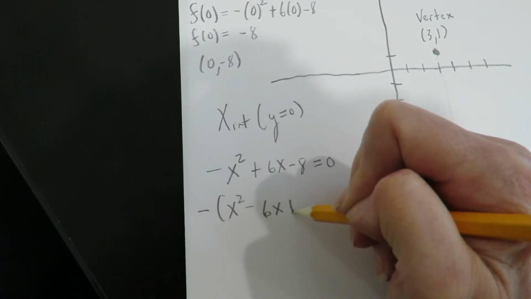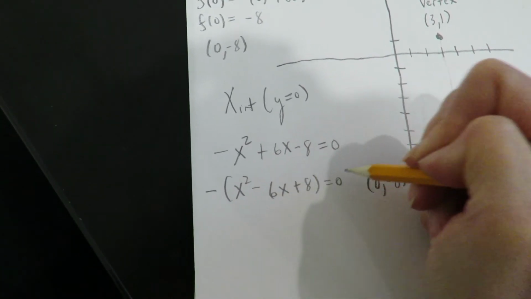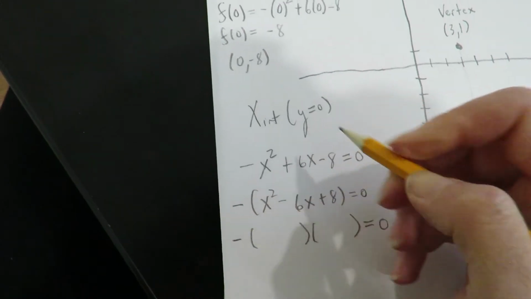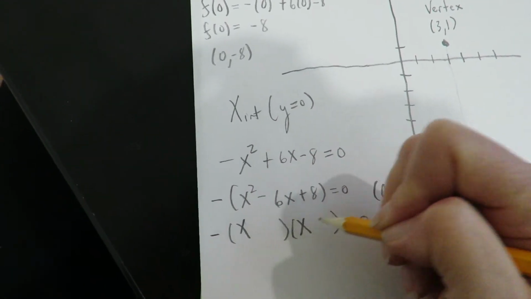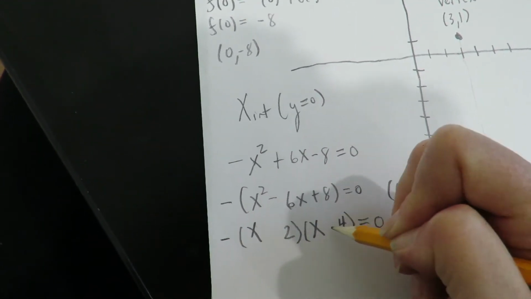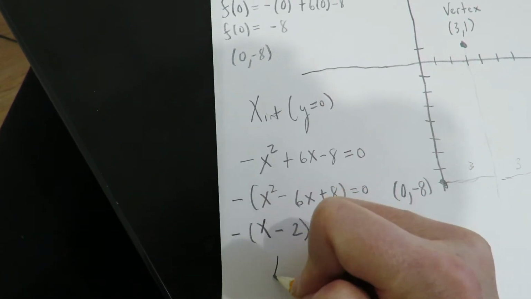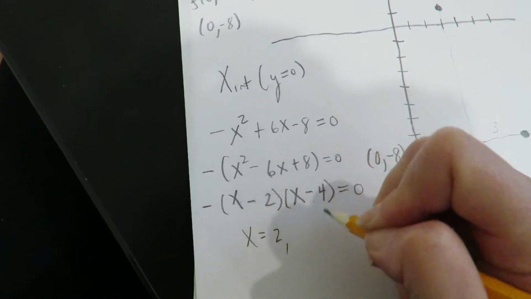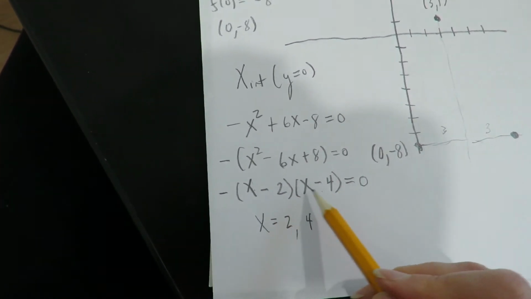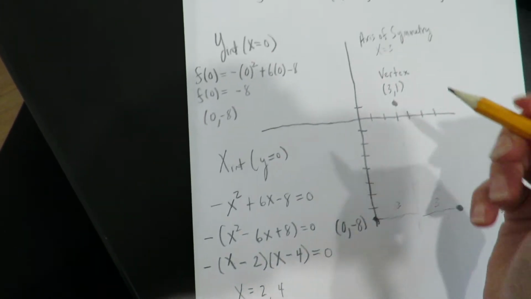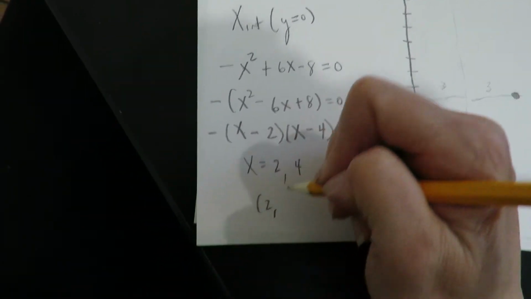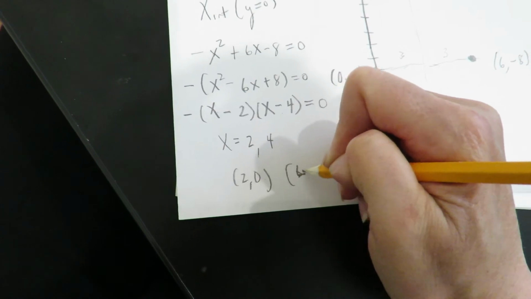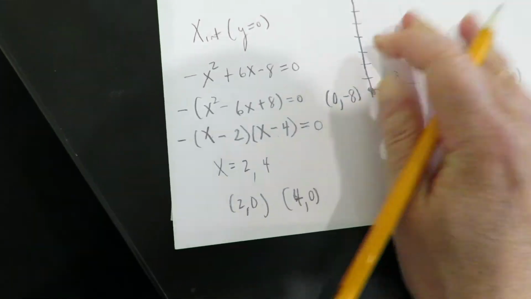I'll probably just factor it out, because then some people wonder, where'd it go? But you can divide it off. You can make it go away. All right, now I'm factoring. And when I set this equal to 0, this x would have to be 2, and this x would have to be 4, if you set each piece equal to 0. So you've got (2, 0) as one x-intercept, and you've got (4, 0) as the other.